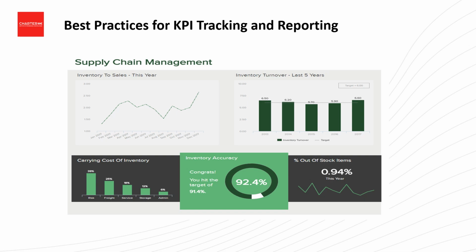These are all key elements for successful KPI tracking and reporting. Now remember, KPIs are only valuable if they are tracked, reported, and acted upon. As a supply chain professional, you need to emphasize a culture of continuous improvement and use KPIs as a tool to drive positive change within your supply chain organization.